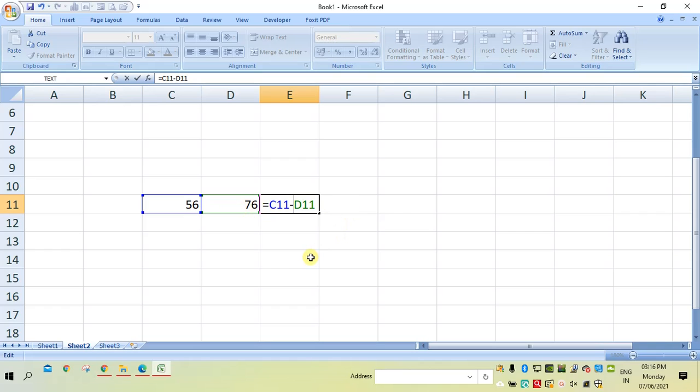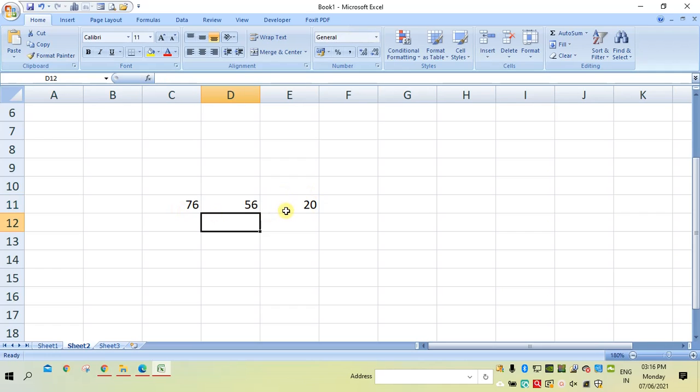If you change this, making it 76 and the other 56, then the result will be plus 20. Whatever it may be, the minus or negative symbol is used to subtract numbers.